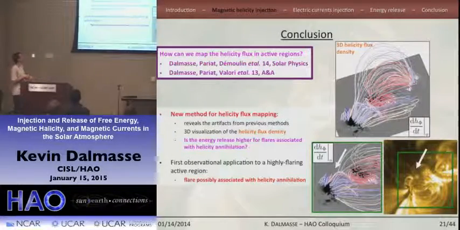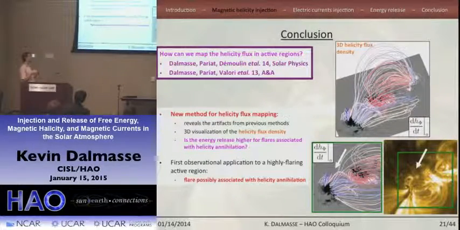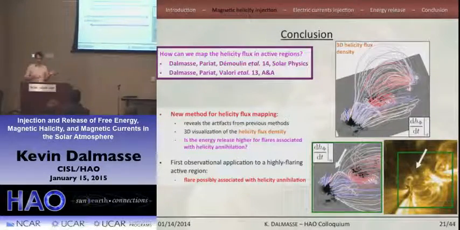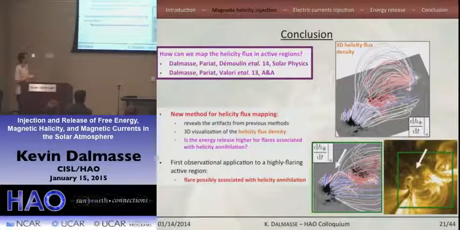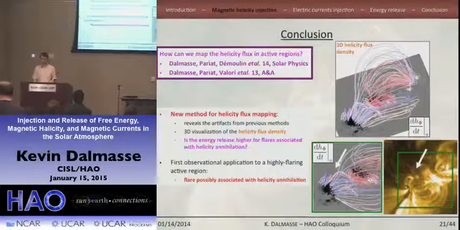It allows to study the helicity flux density in active regions in 3D, and it's well suited to study the relationship between higher energy release and helicity annihilation. And by applying it to a highly flaring active region, I was able to identify a flare possibly associated with the annihilation of magnetic helicity.